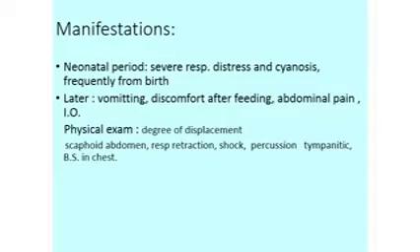So in the neonatal period, the baby develops severe respiratory distress and cyanosis starting from birth. If it is somewhat delayed, he may present even with vomiting, discomfort after feeding, abdominal pain, and even features of intestinal obstruction.